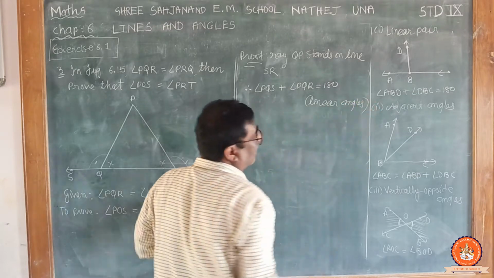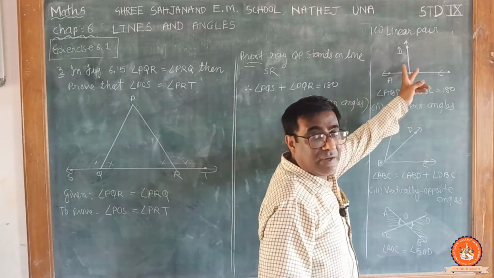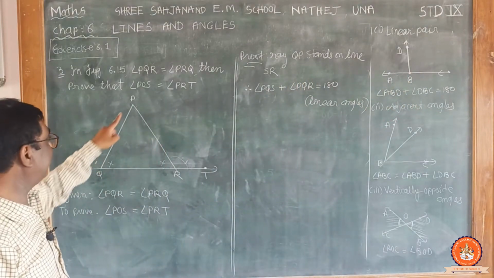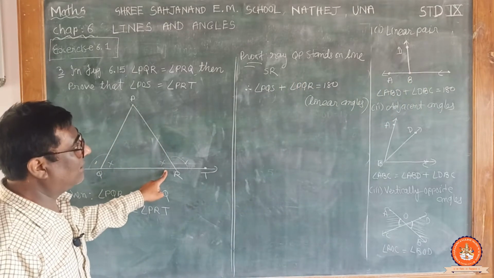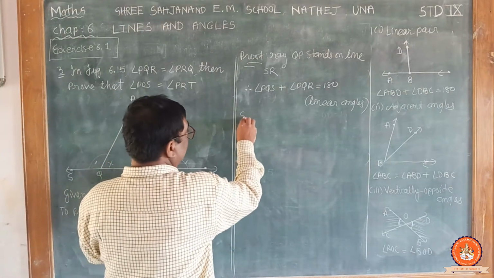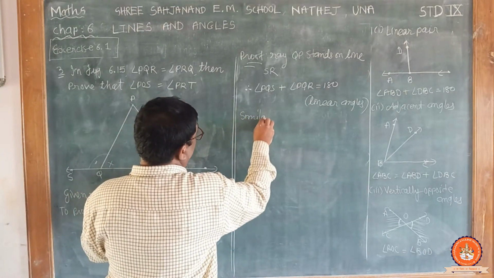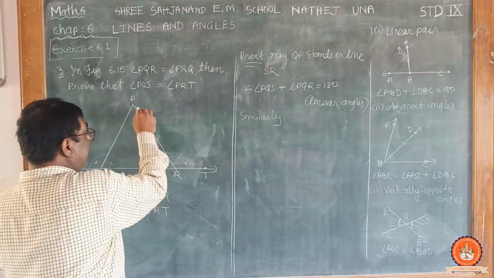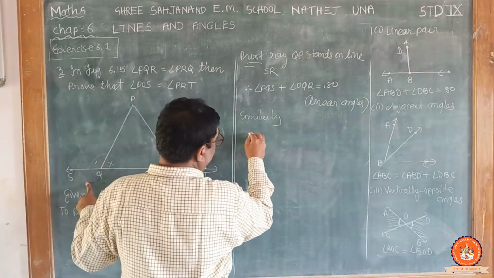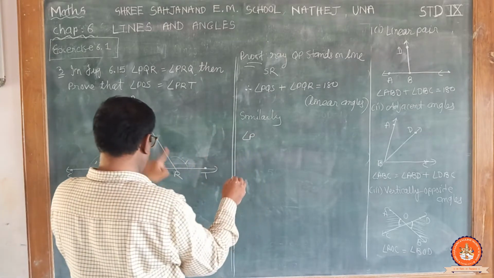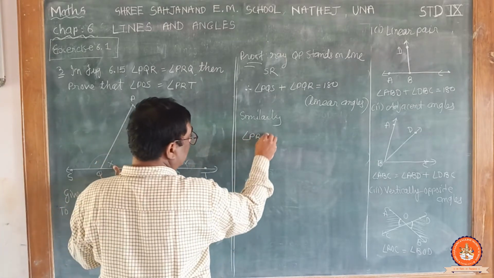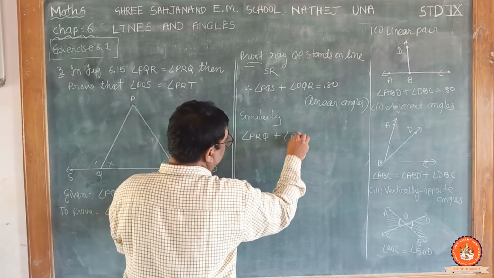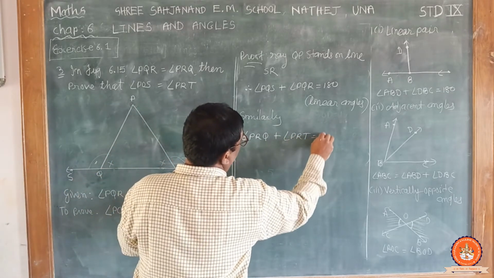Okay, look at it. As they form a linear pair, angle PQS and angle PQR. Okay, similarly we can see that angle PRQ and PRT, angle PRQ plus angle PRT is equal to 180.